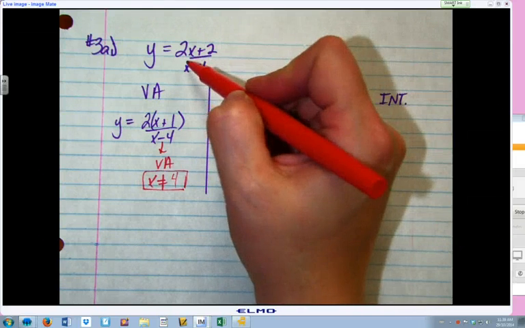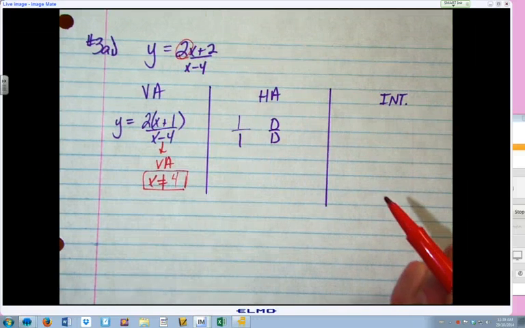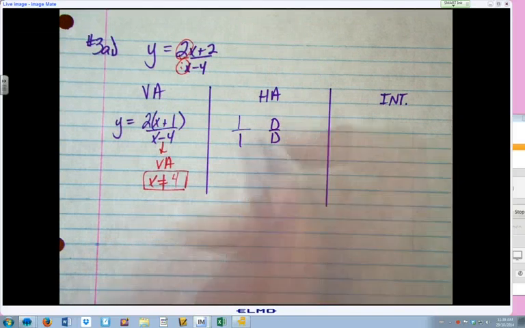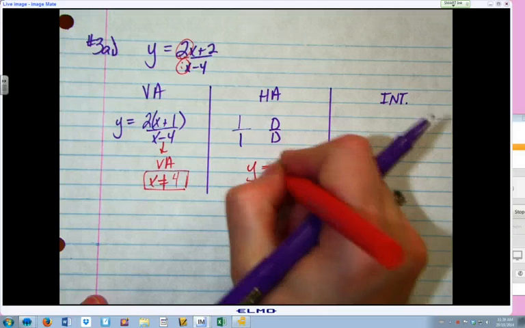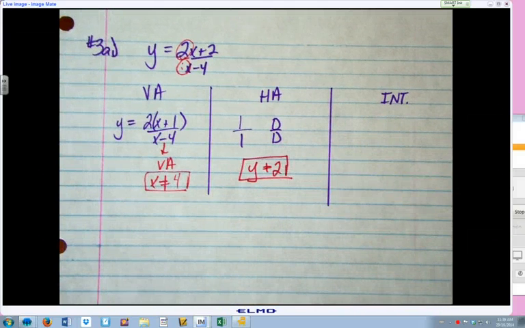Coefficient of the leading variable in the top. Coefficient of the leading variable on the bottom. Divide them. Y cannot be. No, coincidentally. Yes, but not in their world. Yes.